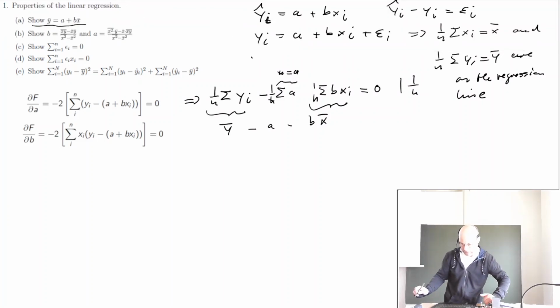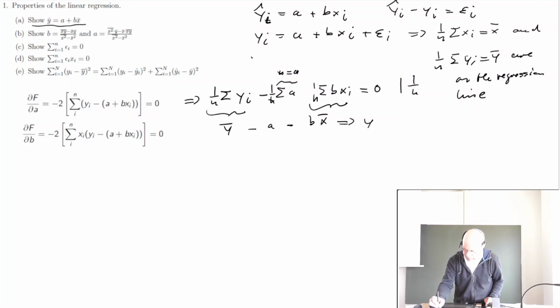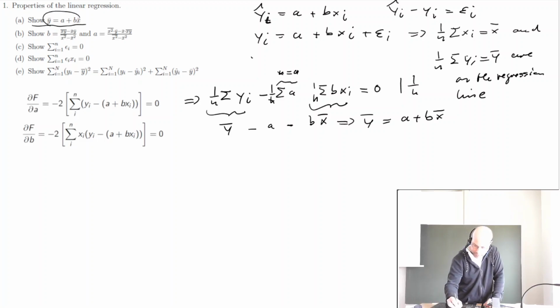Minus b x bar minus a, and thus we have y bar equals a plus b x bar, and this is what we have over here.